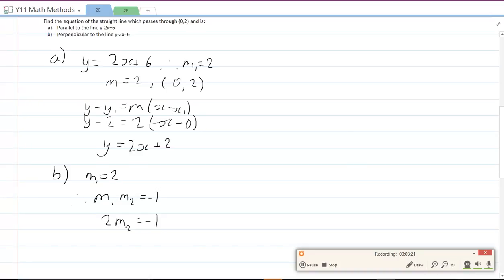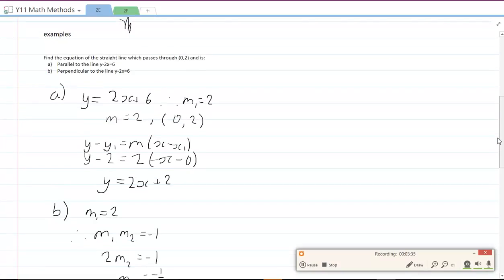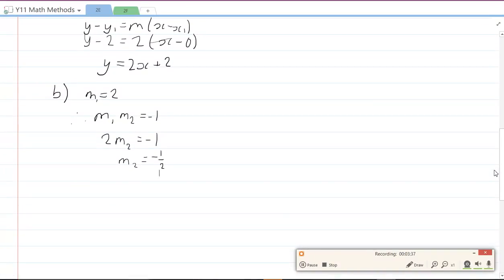So 2 times m2 is equal to -1. Therefore, m2 is equal to -1/2.